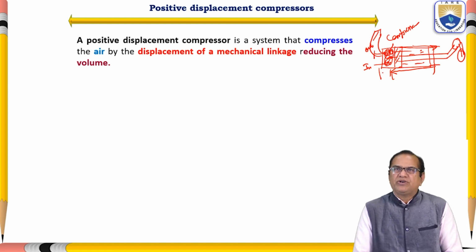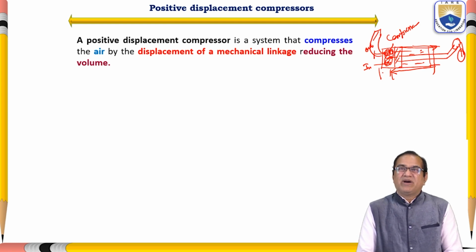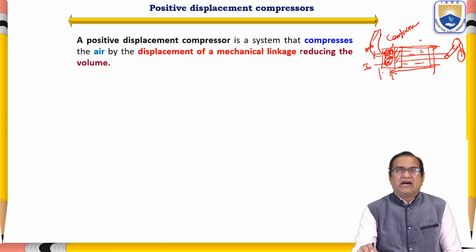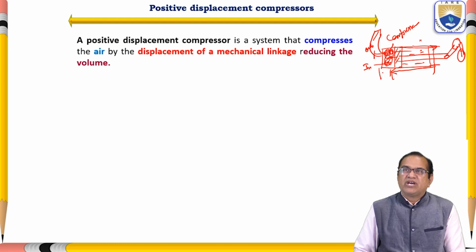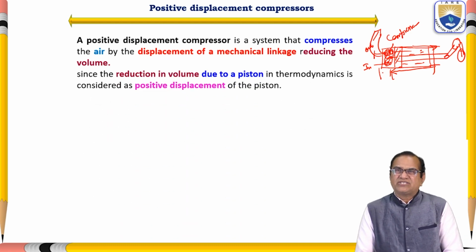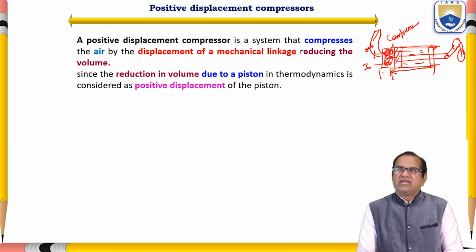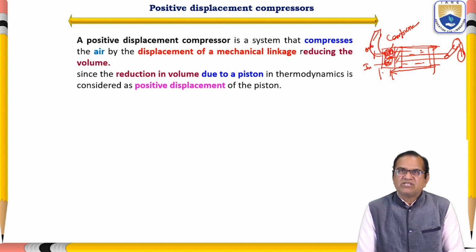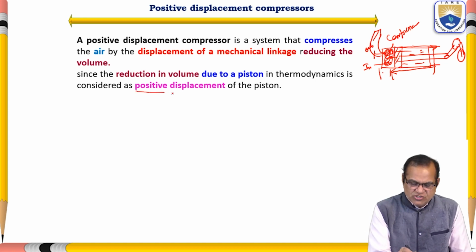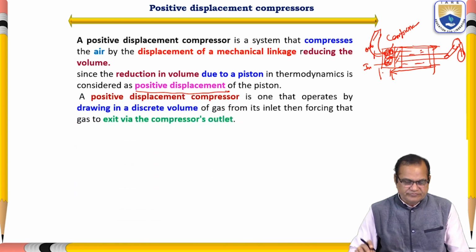A positive displacement compressor is a system that compresses the air by displacement of a mechanical linkage. These are the mechanical linkages here, displacing and reducing the volume. Since the reduction in volume is due to the piston, in thermodynamics it is considered positive displacement.